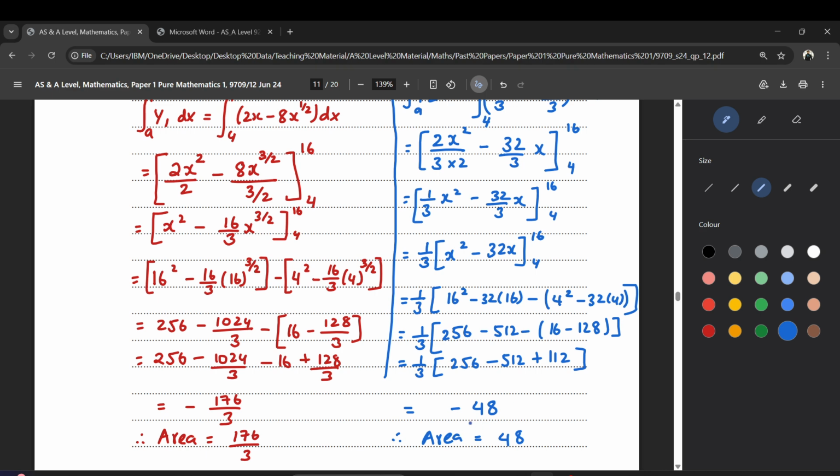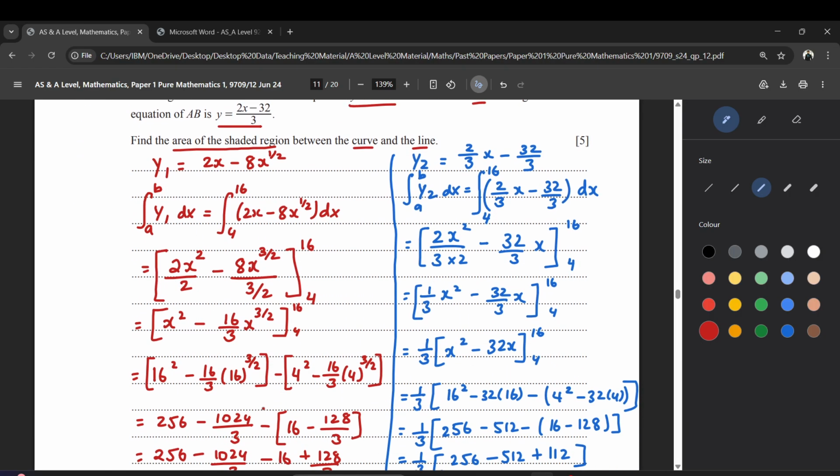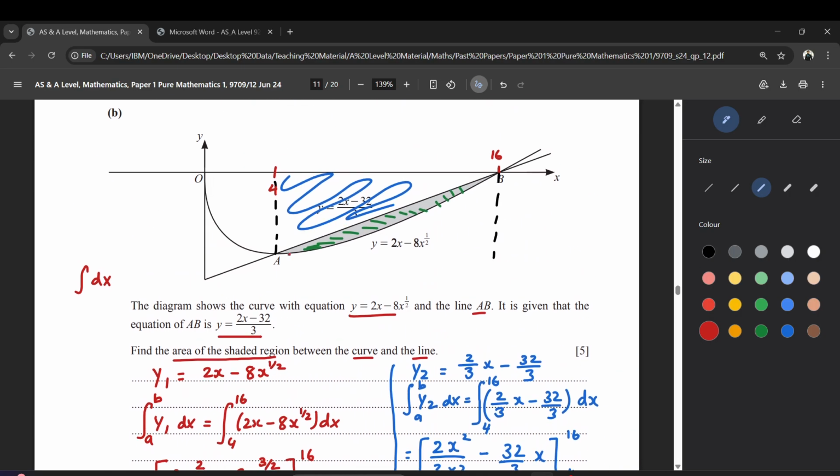Now, 48 is going to be this area, which is under the straight line, under the line AB. Okay. As for this one, which is 176 upon 3, this is the area which is under the whole curve. Okay.